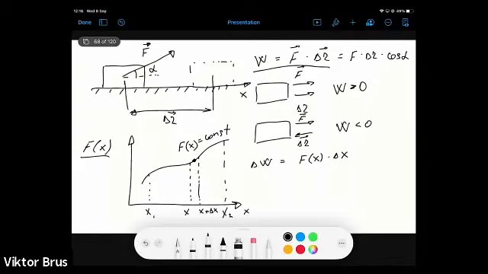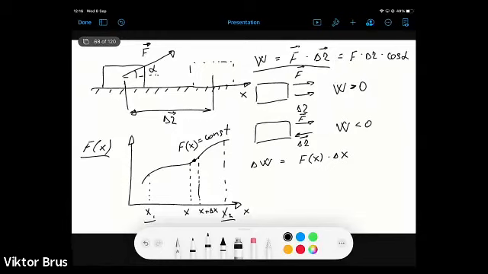Now if we want to know the work done by this variable force while moving the body from position x1 to position x2, obviously we need to divide the large interval x2 minus x1 into many small intervals, find the work done at each small interval, and then sum it up.